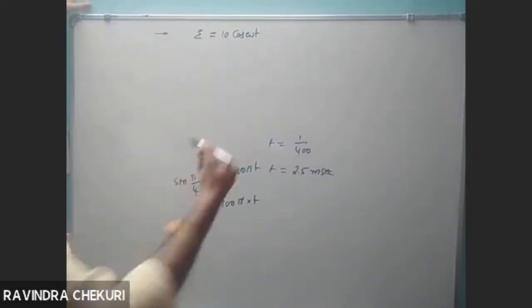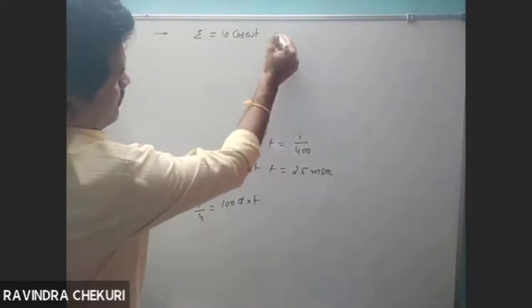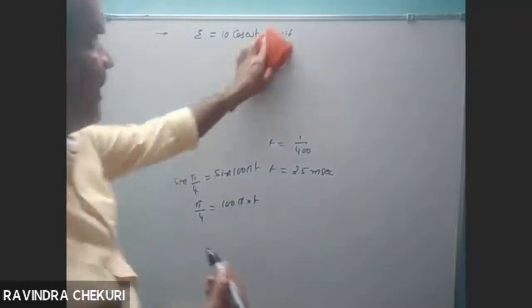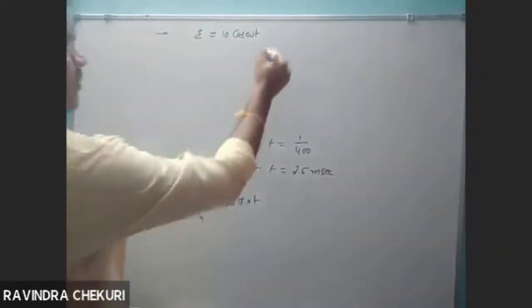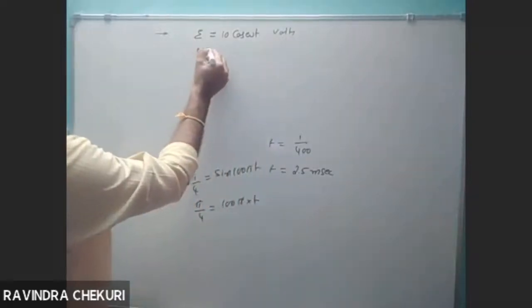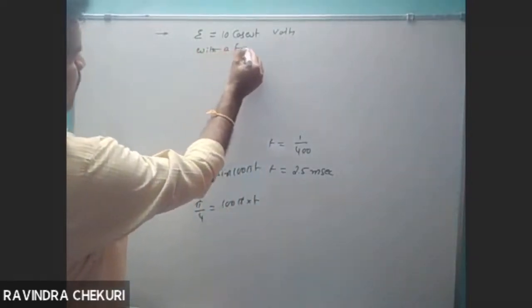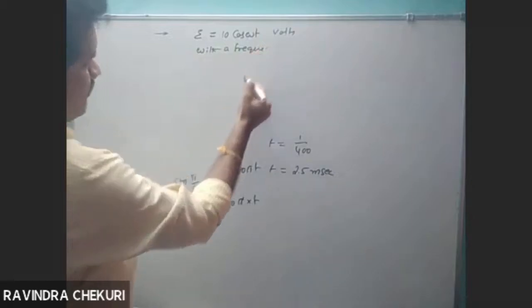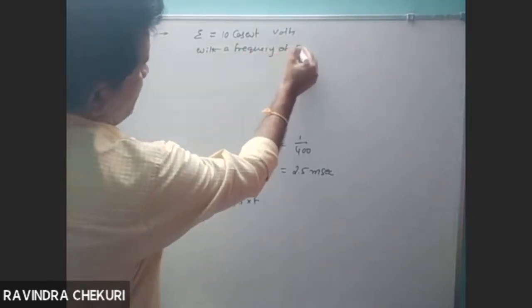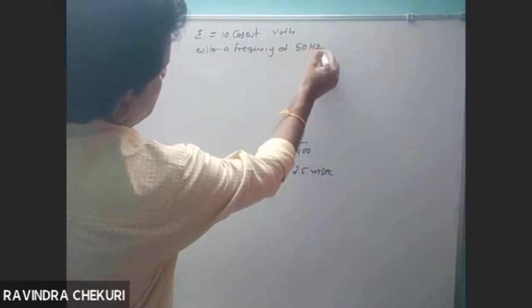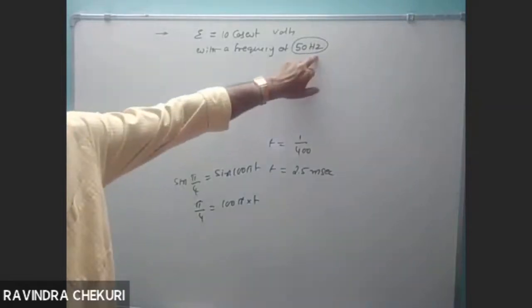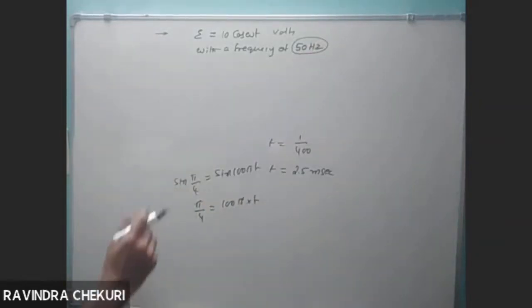The frequency of AC is 50 hertz. So what they have given is the frequency only, 50 hertz.